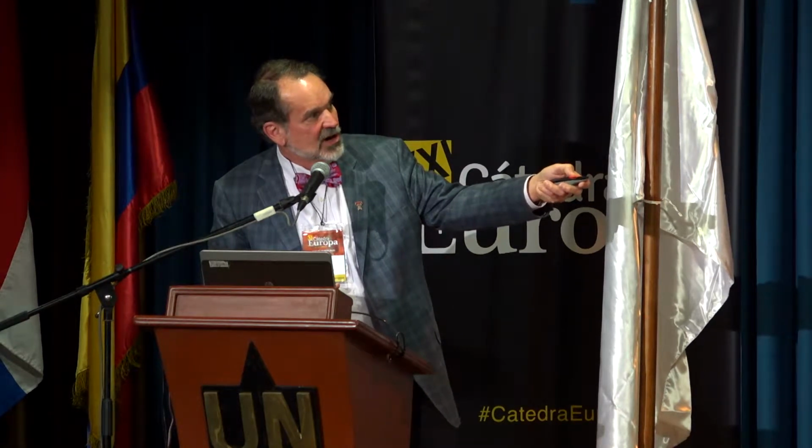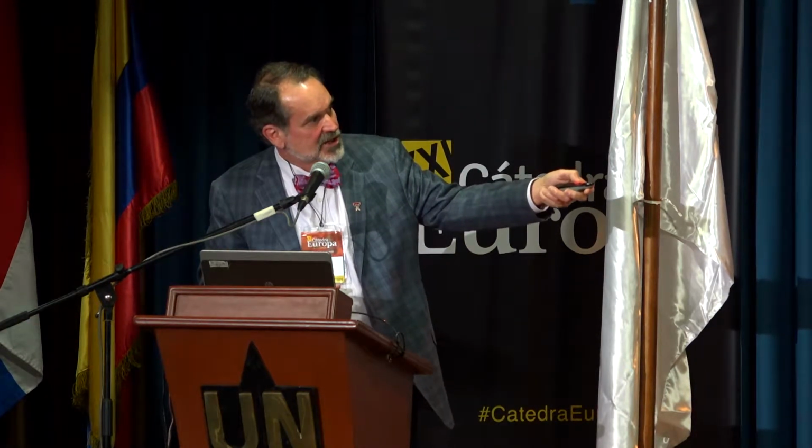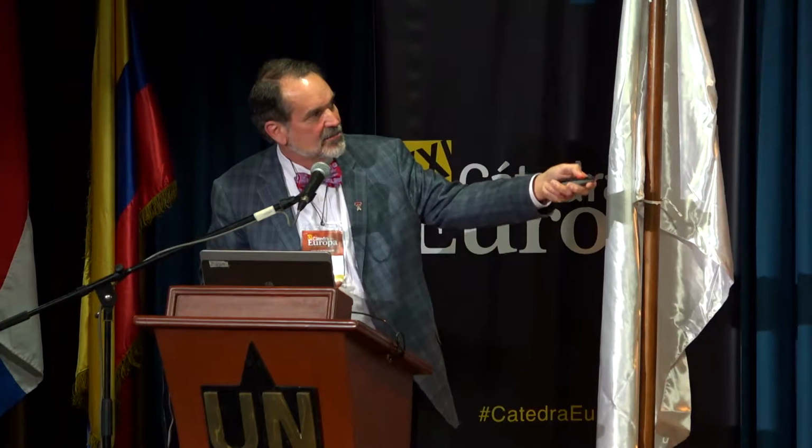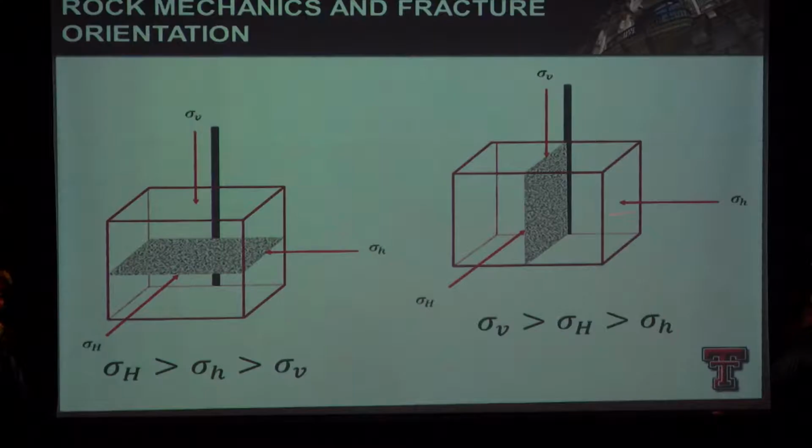That's what happens with earth stresses. This would be the truck. This is our maximum force. And this would be the small motorcycle. Obviously, it's easiest to push in that direction. So the fracture is going to grow towards me, relative to that screen there.